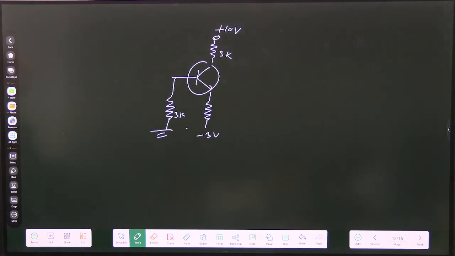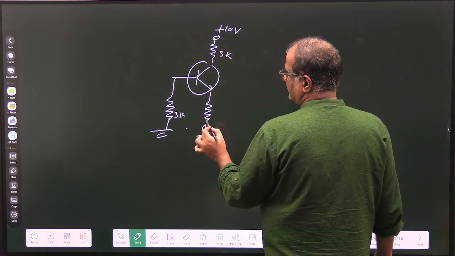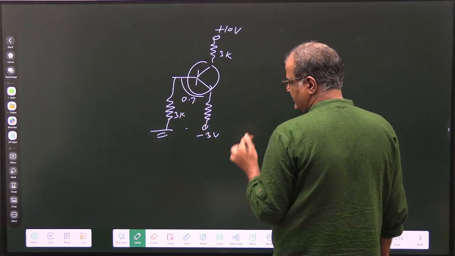The emitter-base junction, because here the minus is connected. Okay, so say this is VBE 0.7. So what is the answer?